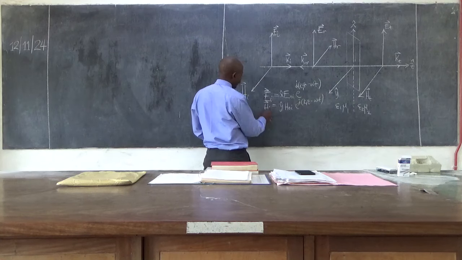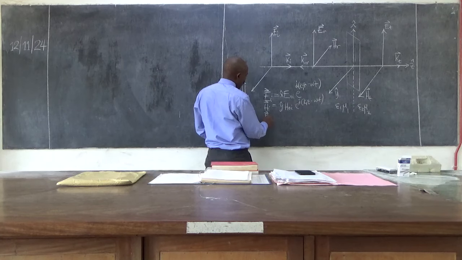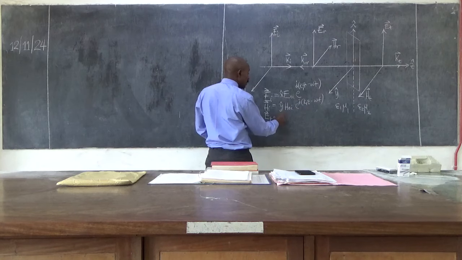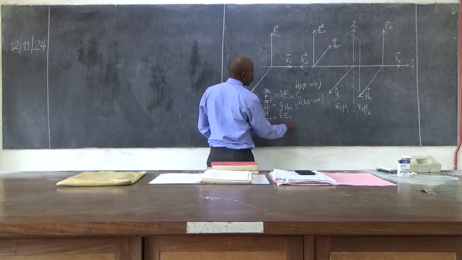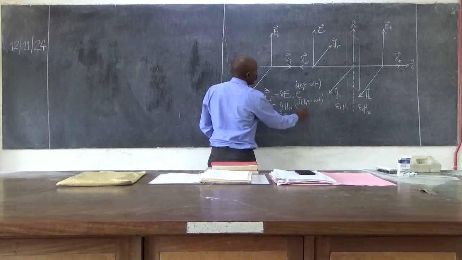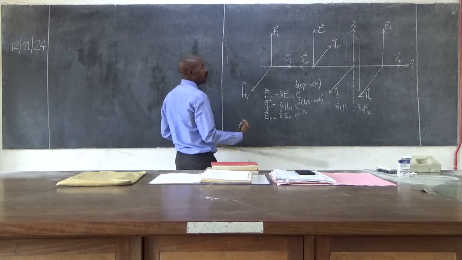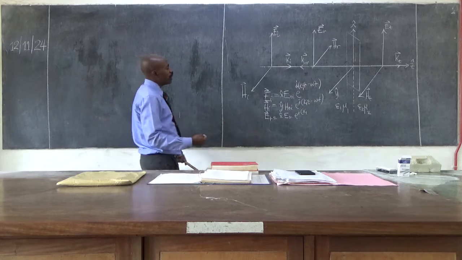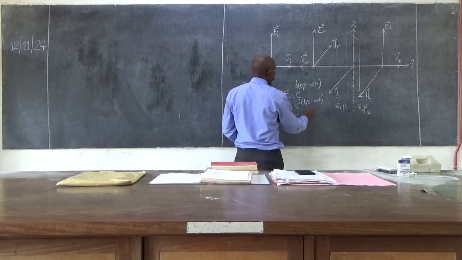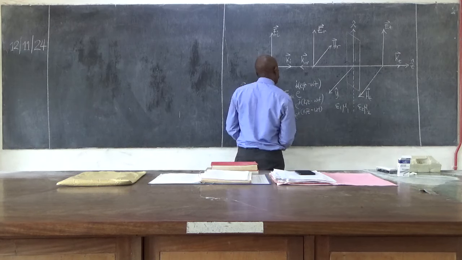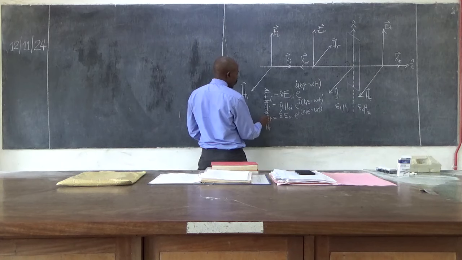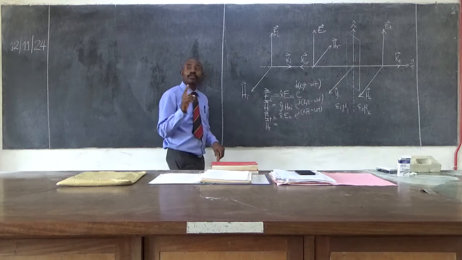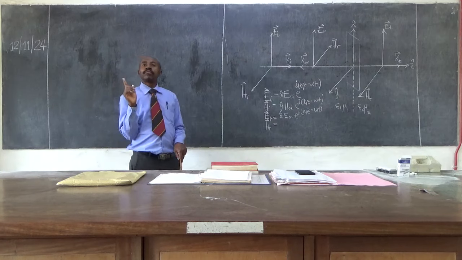Then E_R would be the same as this would be along the x, and then would be E naught R exponential j. We are still in medium 1 because everything gets reflected back to medium 1. z minus omega t. And then we go to the H_R. H_R, we say this would be the expression of lateral inversion.